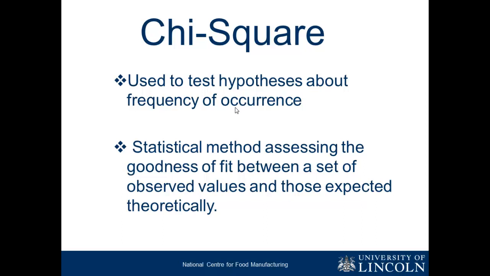Now, let me just look at a scenario. The scenario could be you want to know something in the population. When you are doing an experiment, sometimes because of cost, you are only dealing with samples. And chi-square test can help us to check if that sample is representative of the population.